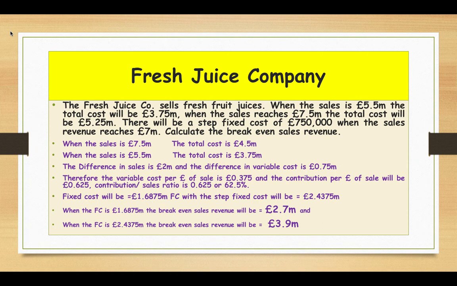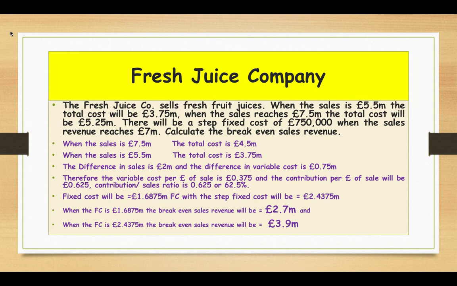When the sales revenue is 7.5 million, the total cost without the step fixed cost is 4.5 million, which is 5.25 million take away the 750,000. And when the sales is 5.5 million, the total cost is 3.75 million. We can straight away take that 3.75 million because that doesn't include the step fixed cost.